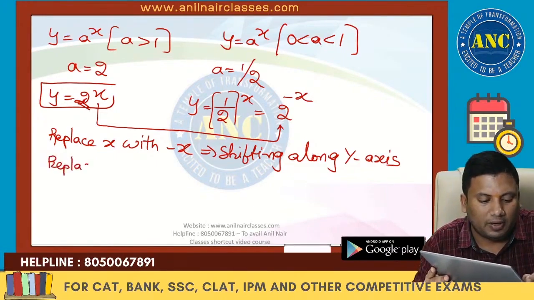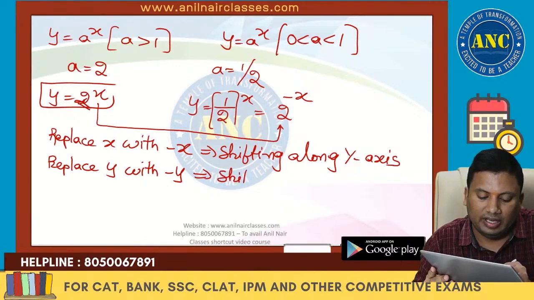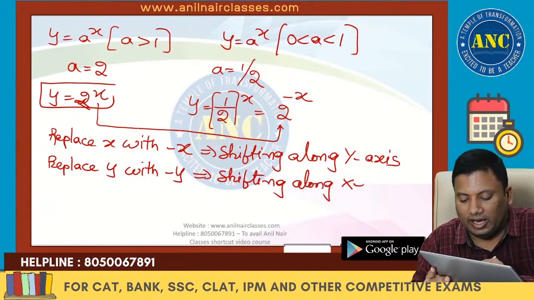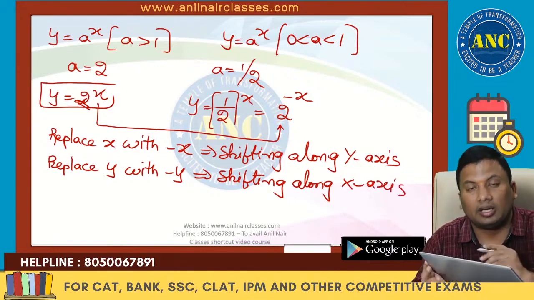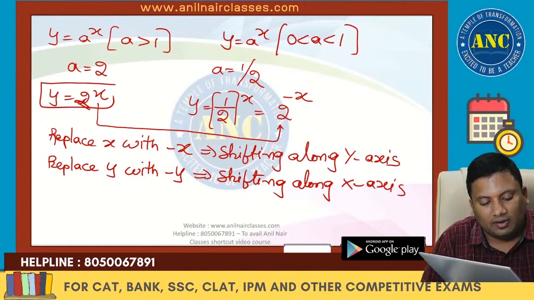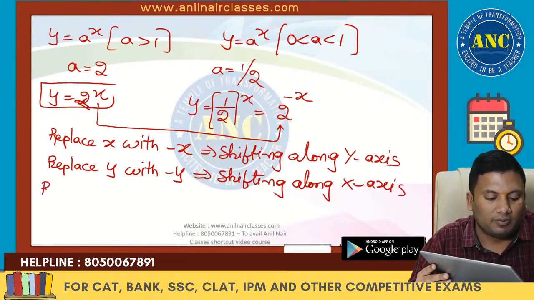Suppose I replace y with minus y, this is nothing but shifting along the x-axis. Y-axis shifting is nothing but x replaced with minus x. If I shift along the x-axis, it is nothing but replacing y with minus y.